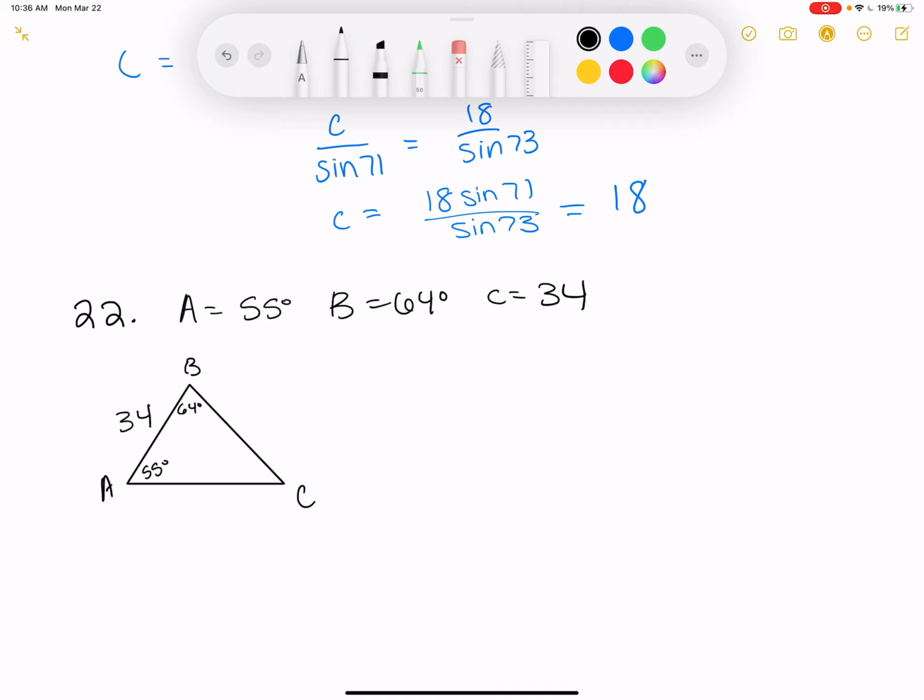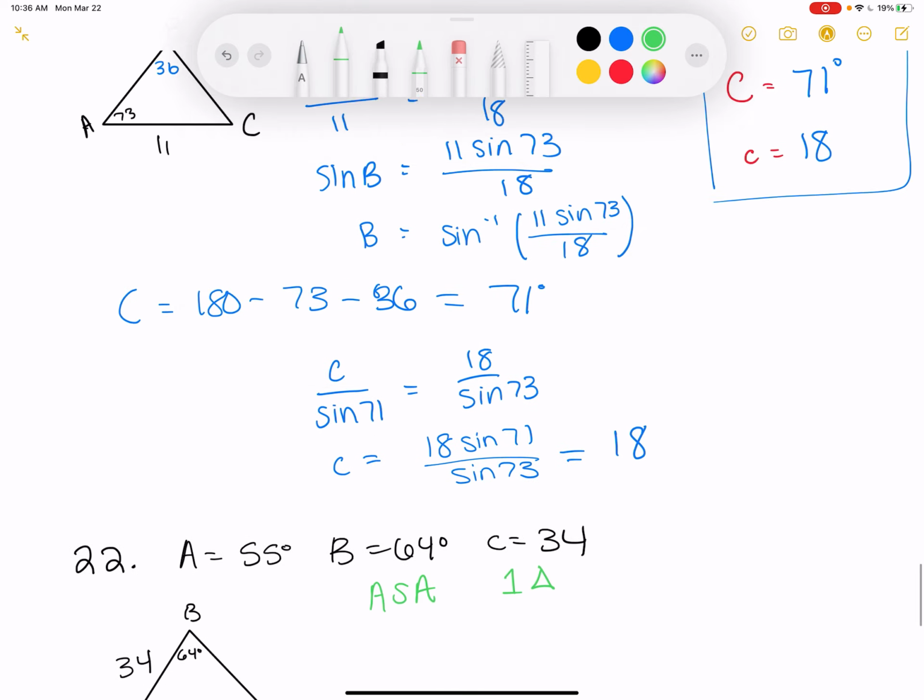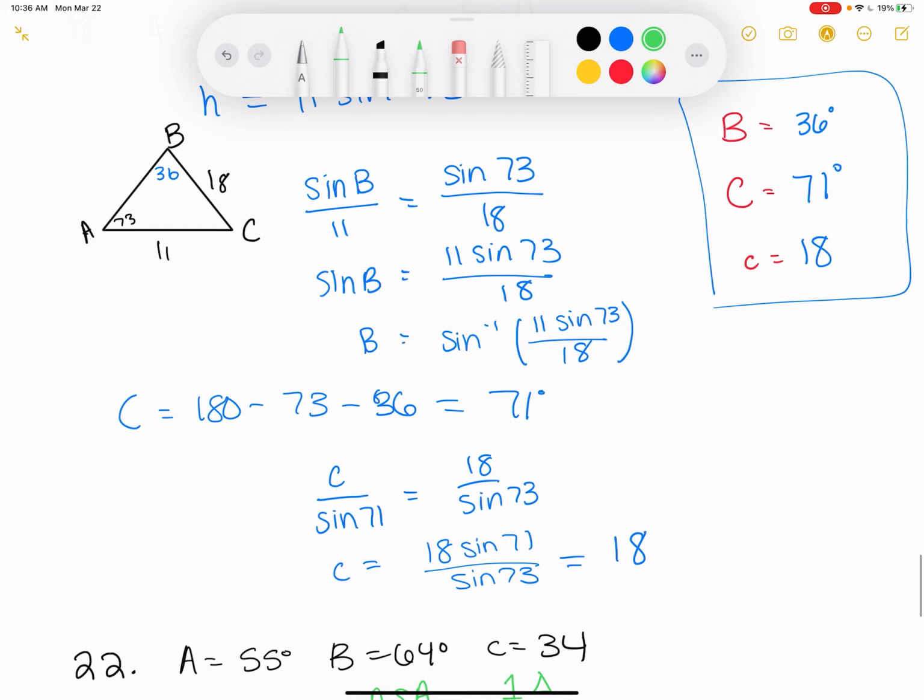Based on this, which case do I have? Angle, side, angle. It reads in order, so I have angle, side, angle: ASA. When that's true, how many triangles do I have? One triangle. This isn't exactly the same as the one we just did where we had only one angle and two sides.